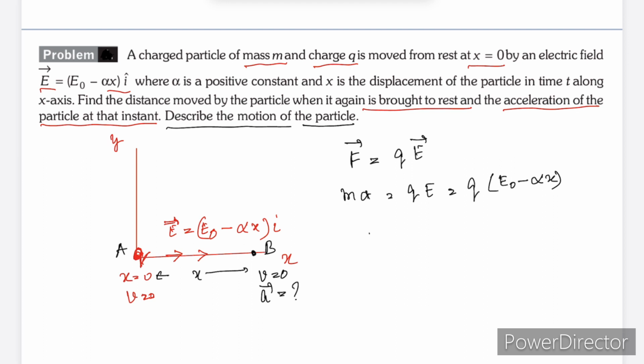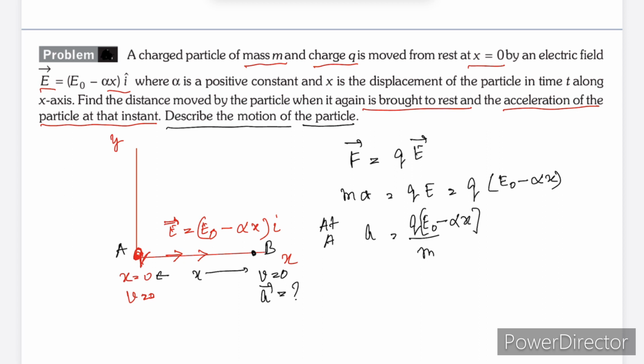So acceleration is basically qE upon m, or we can write it as q upon m into (E0 minus alpha x). This is the acceleration which is there at point A.